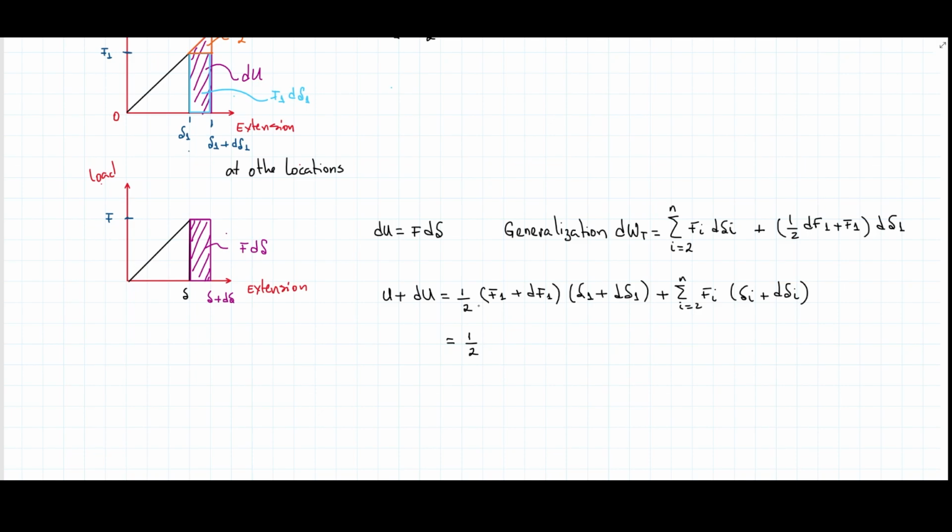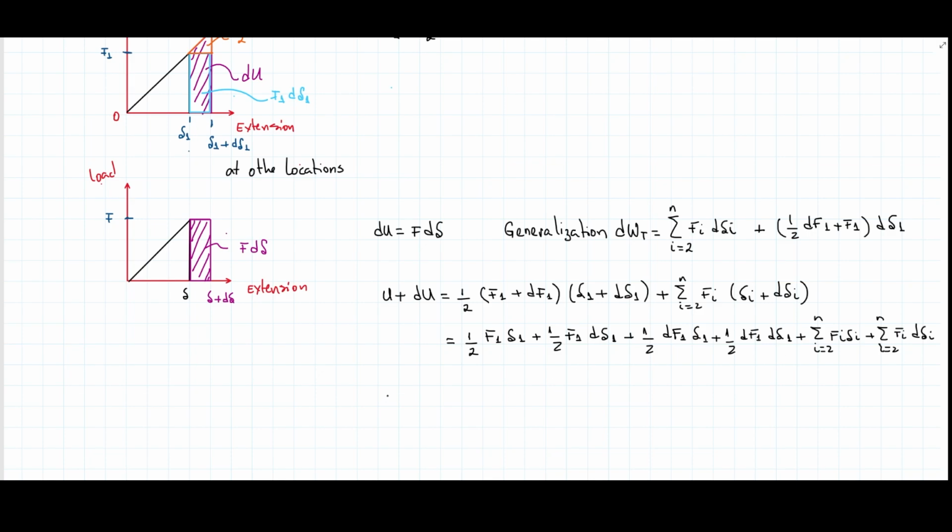We're going to have 1/2 of F1 delta 1 plus 1/2 of F1 delta sigma 1 plus 1/2 of delta F1 times sigma 1 plus 1/2 of delta F1 delta sigma 1. And then, I could split that sum into two parts, like this, to n of Fi, sorry, differential, this one here.